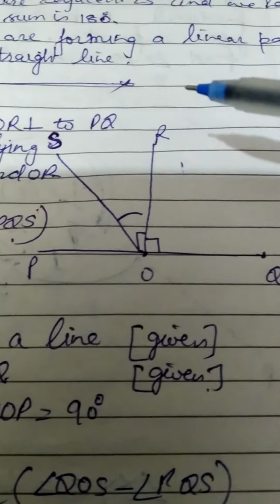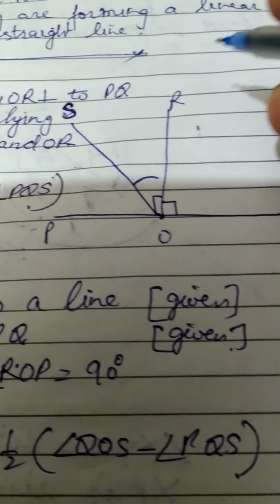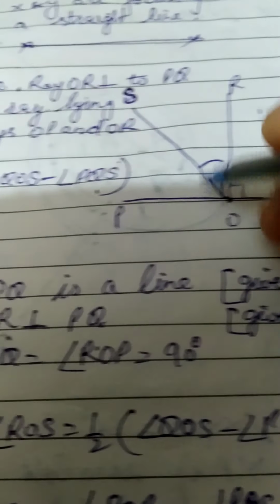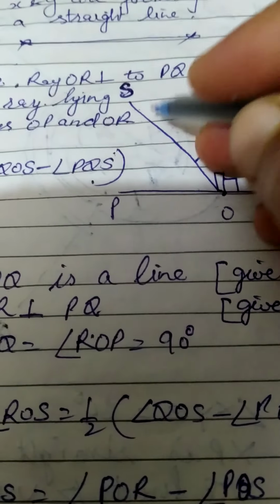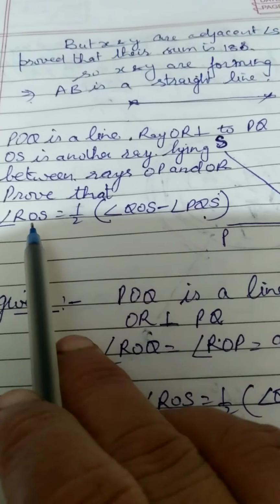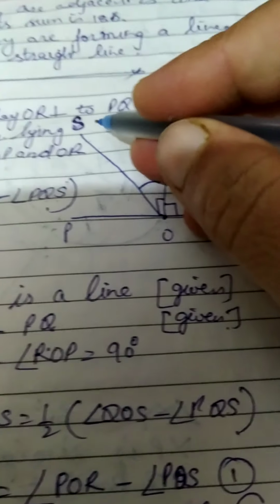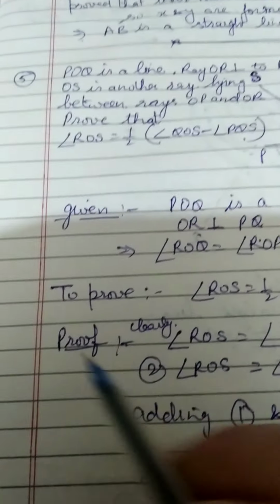It means that in this question the one thing is to see very carefully that angle ROS, we are to write in terms of angle QOS and angle POS. No other angle is used in this. Means we are to convert this angle ROS in the form of angle QOS and angle POS.